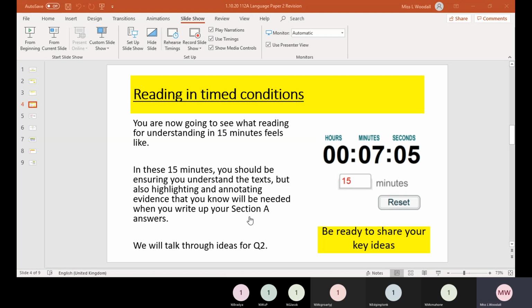Hi everyone. So the timer is slightly behind what we actually are because I clicked off it. You've actually got about 6 minutes left.